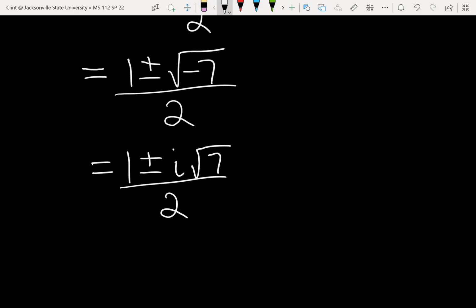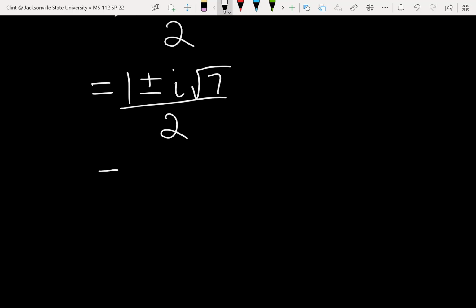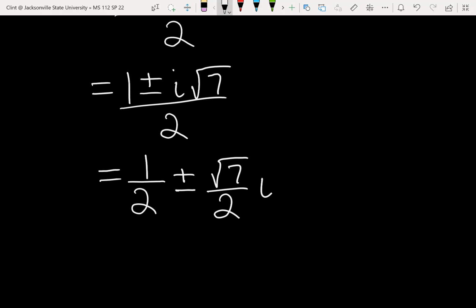And then if we want to put our answer in a plus bi form, we have to split it up. So we'll write the 1 part over the denominator of 2, and then we'll have our plus and minus sign. The i we're going to end up just writing out to the side. So we've got square root of 7 over 2. That's our standard form on that one.